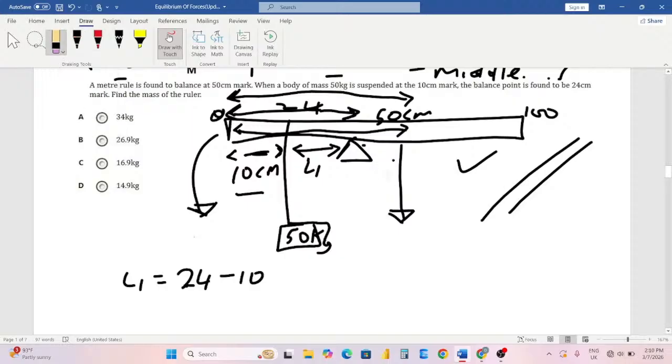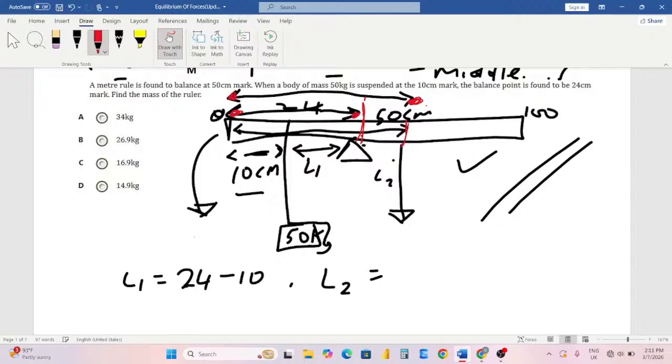Let's call this L2. L2 will be, now look at it closely, from here to here is 24, but from here to here is 50, and we need just this interval here to this place.